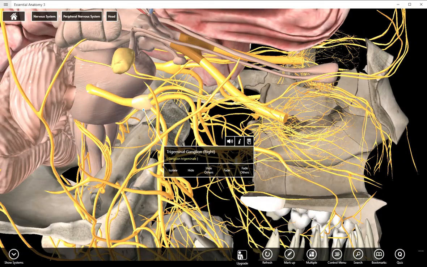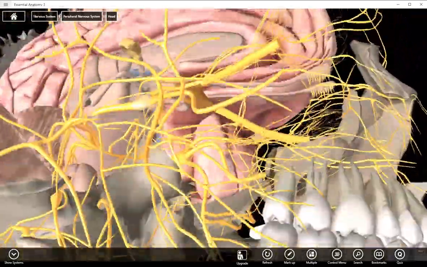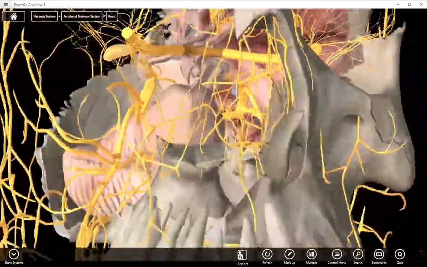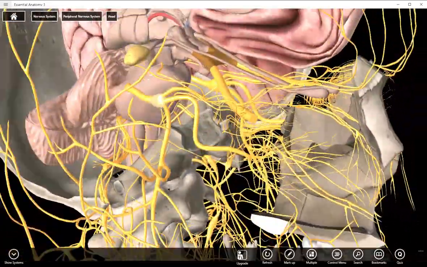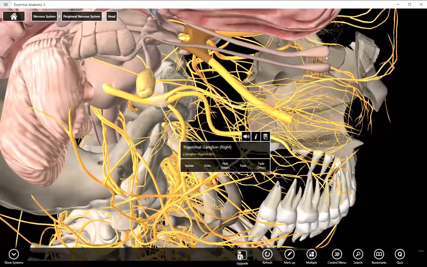So let's go through and name the 12 pairs of cranial nerves. So the first one, the olfactory nerve, is very unique. I wonder if you guys have noticed it yet. If you guys remember the cribriform plate, the cribriform plates were right here, and there was a crista galli, a little shark fin dividing the two cribriform plates.